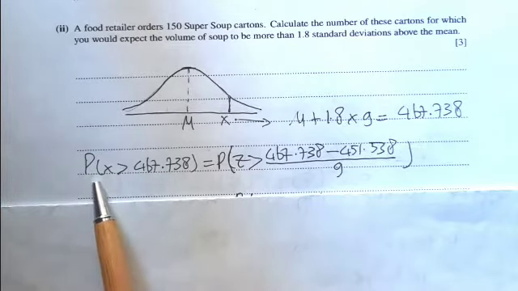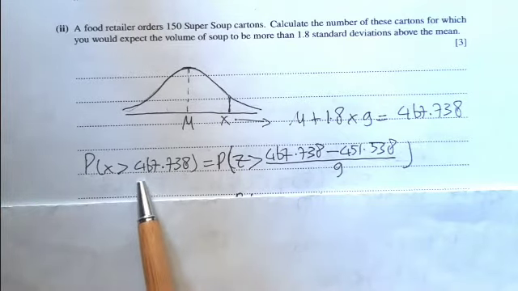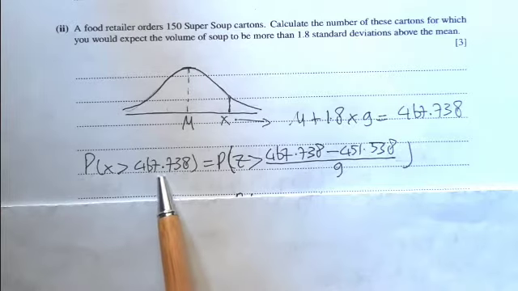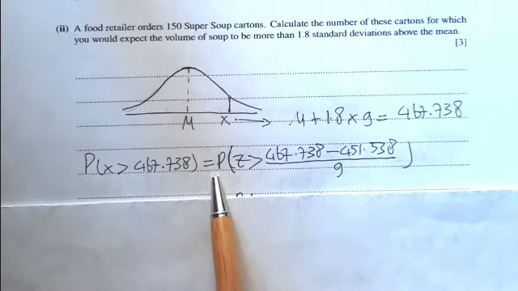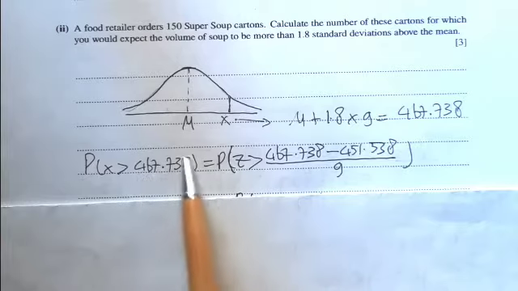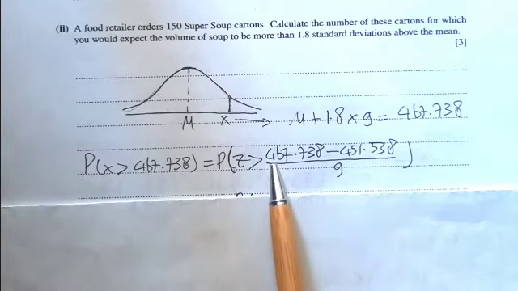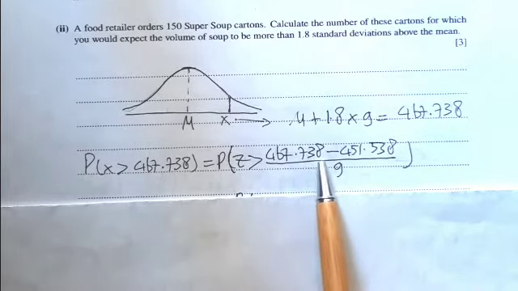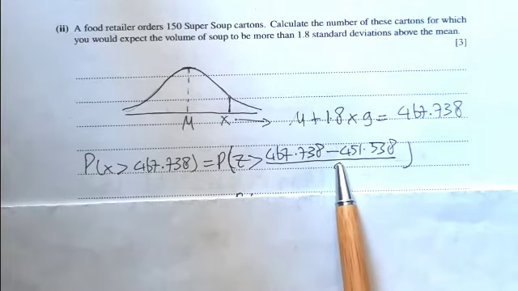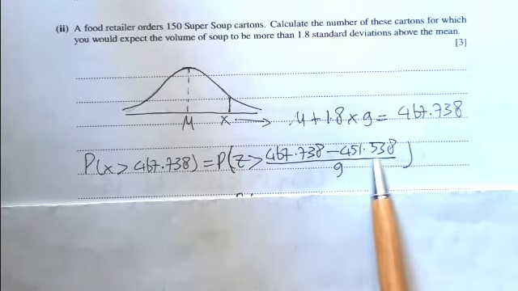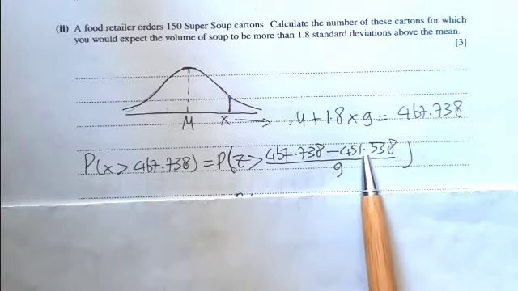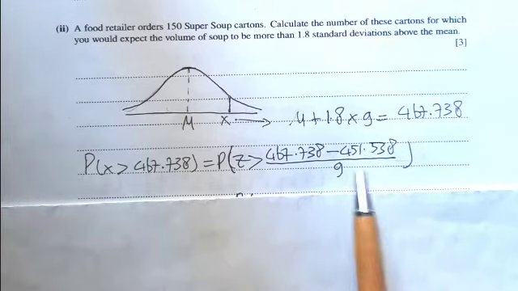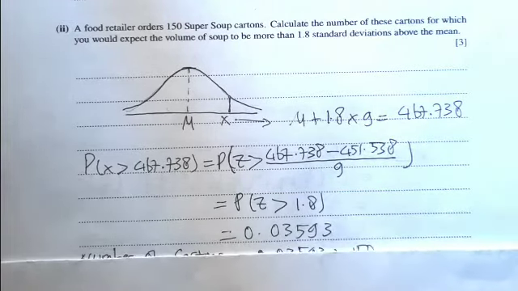Now, first you have to find the probability when x is greater than 467.738. We standardize this x, that is P(Z greater than 467.738 minus mu). We use mu with 3 decimal places, 451.538, per 9, and then that is P(Z greater than 1.8).